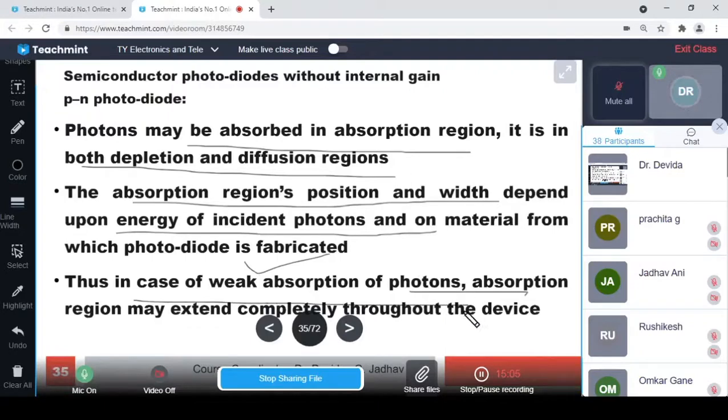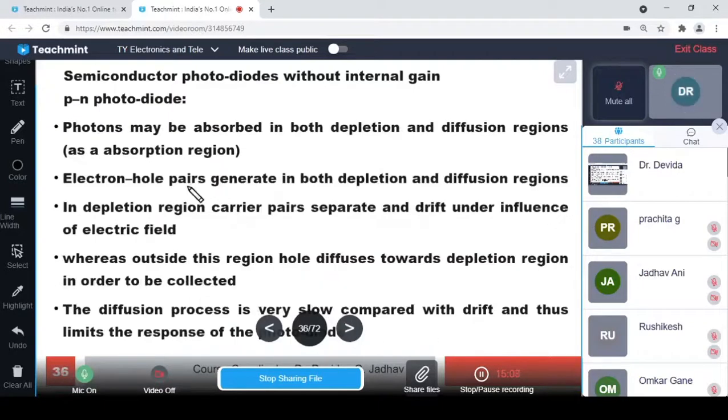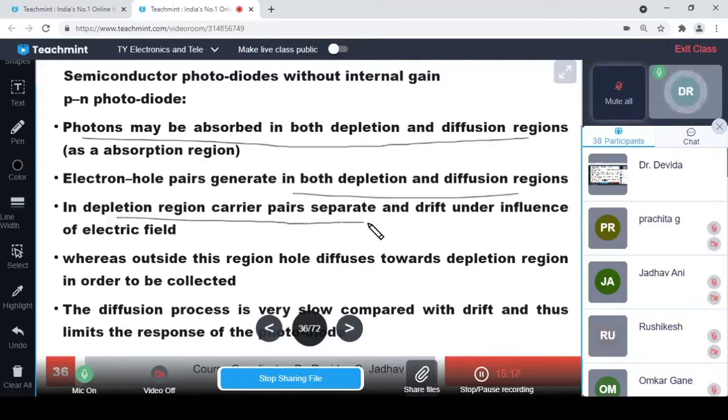So a photon may be absorbed in both the depletion and diffusion regions, and electron hole pairs are generated in both. Depletion region carrier pairs separate in the drift of the electric field, and outside the region holes diffuse towards the depletion region in order to be collected. Where do these phenomena occur? These phenomena are in the PN photodiode.